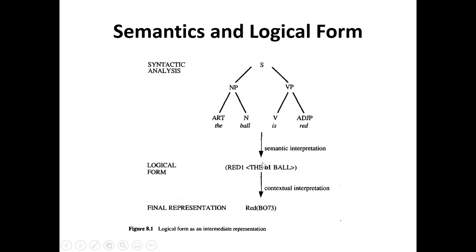Then, with which red ball were we talking about? If we add a context to it, it becomes a contextual interpretation. That is the final representation, the KR, knowledge representation: the red ball 73. This is how the semantic analysis or logical form intermediate representation looks.